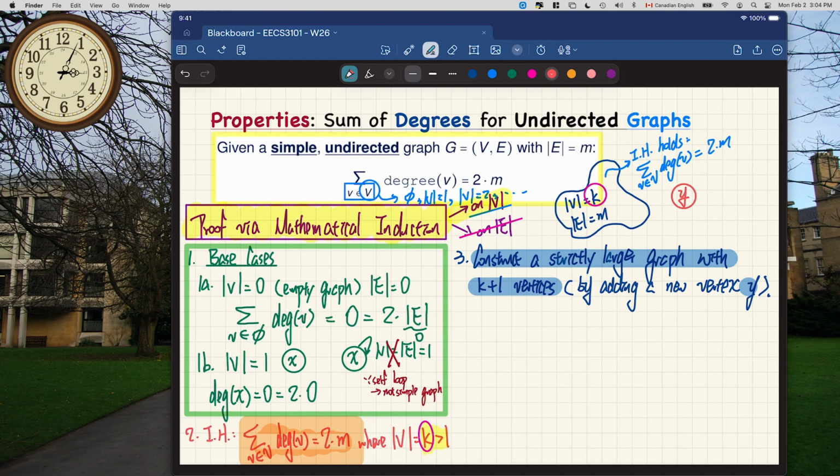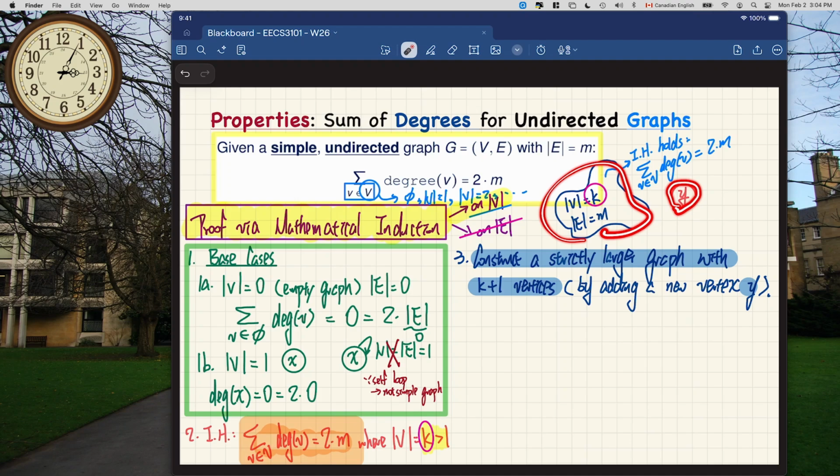So apparently, if we now want to make the number of vertices exactly k plus 1, this will be a new graph, right? We want to think about how many ways there are to finish the extension. For example, it could be that y just stands by itself, with nothing to do with the old cloud.